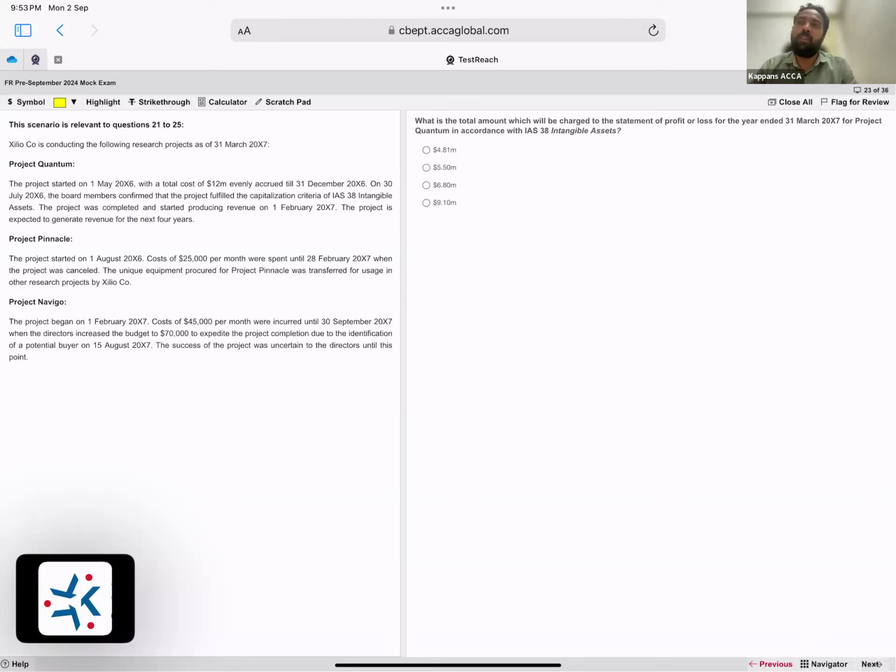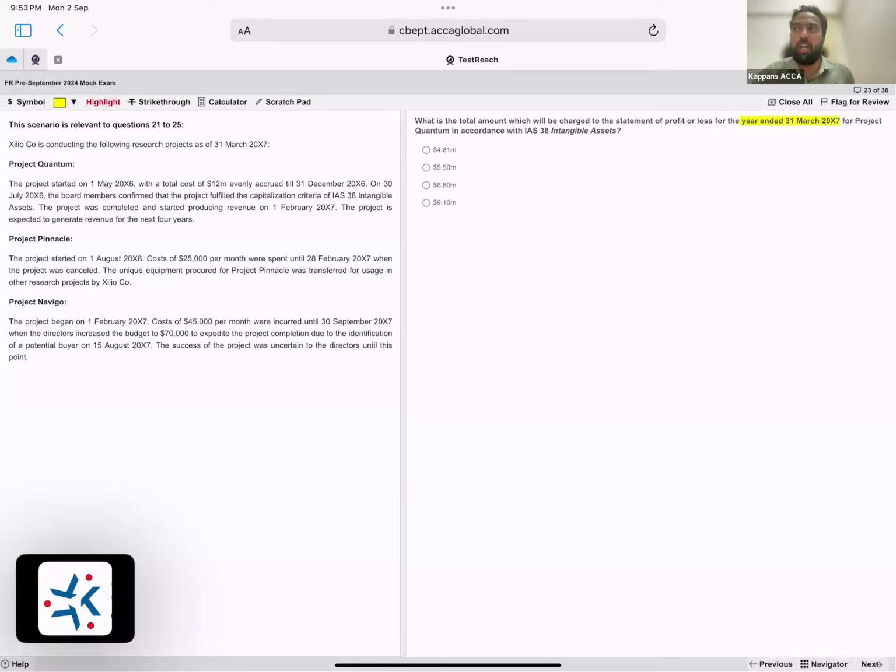23rd one. What is the total amount which will be charged to statement of P&L for the year ended 31st March X7 for project Quantum in accordance with IAS 38 intangible asset? So always be very careful with the year end. 31st March 20X7.